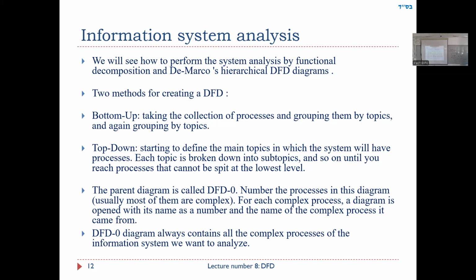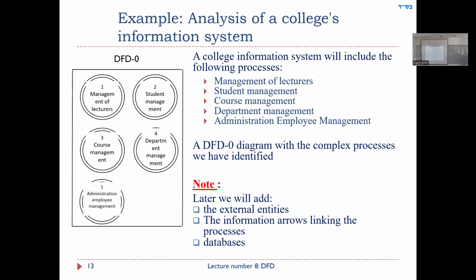Alright. Sorry. The DFD 0 diagram always contains all the complex processes of the information system. Okay, so here you see an example where we have a DFD 0 and we have all complex things. Management of lecturers, student management, department management, course management, administration, employee management.